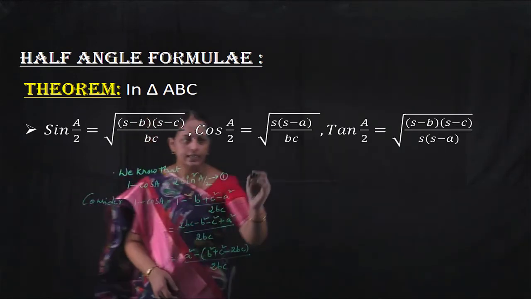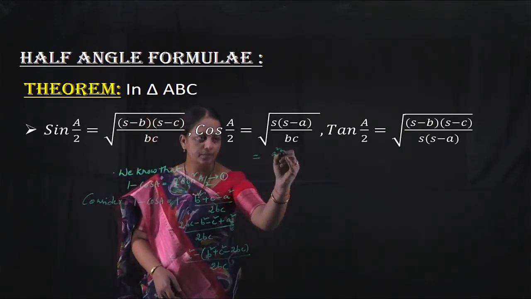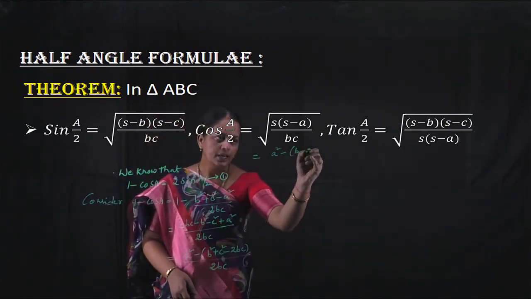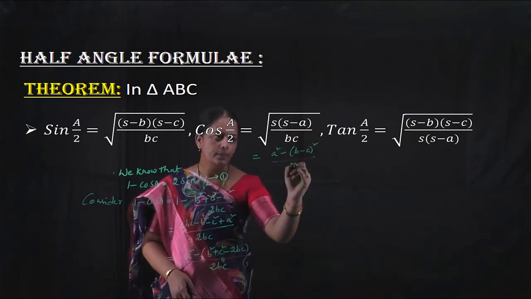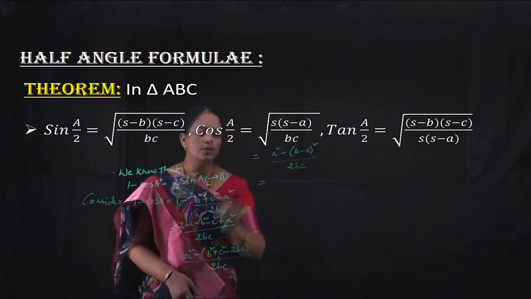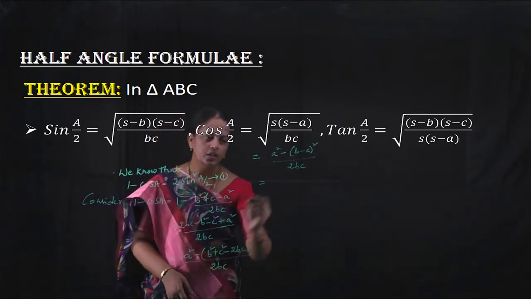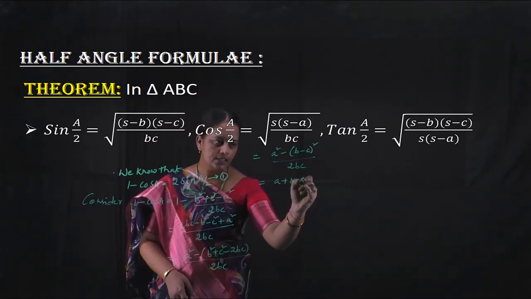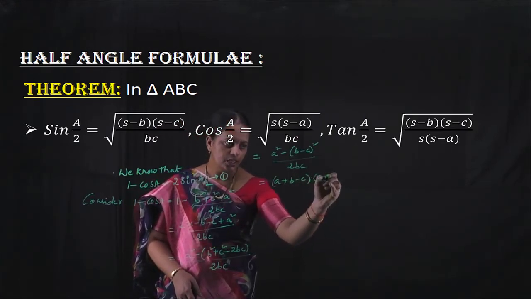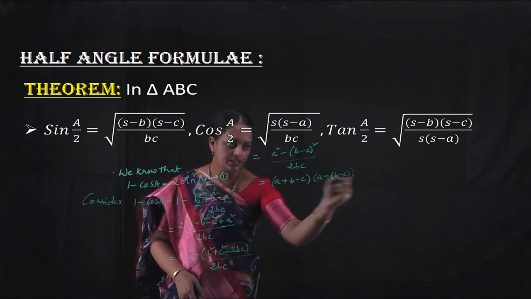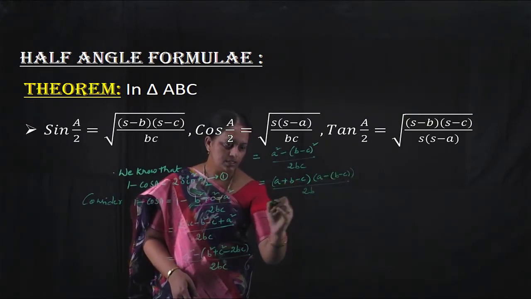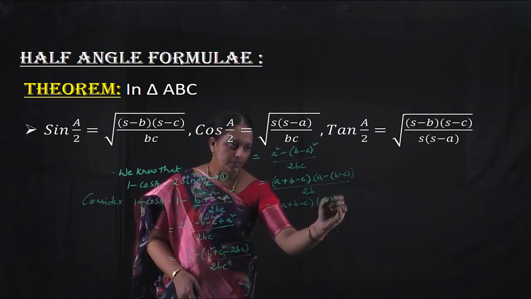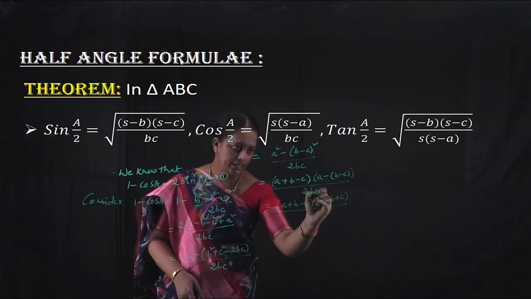It can be written as a square minus (b minus c) whole square by 2bc. It is in the form of a square minus b square, that is equal to (a plus b)(a minus b). That means (a plus b minus c)(a minus of b minus c) by 2bc. This is equal to (a plus b minus c)(a minus b plus c) by 2bc.